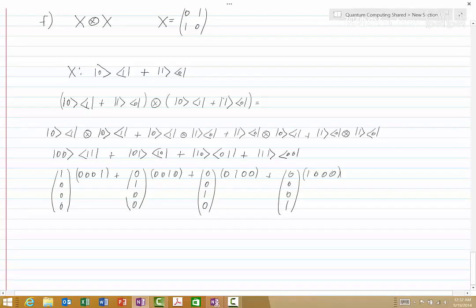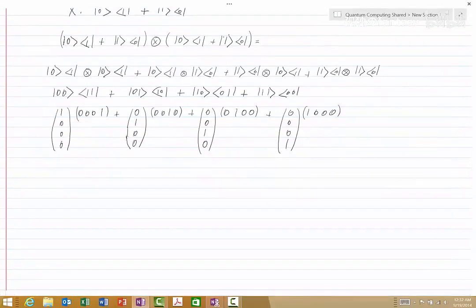And this is the column vector corresponding to this, and this is the row vector corresponding to this. We've just used all of the information that we've already covered in this lecture to fill in the rest of those. Now let's compute each one of these.